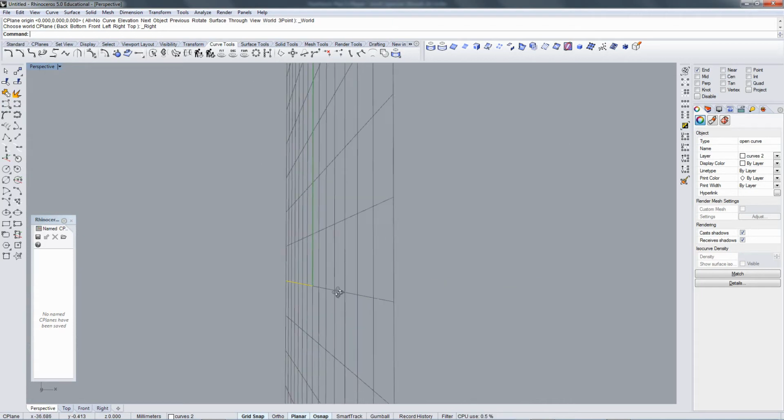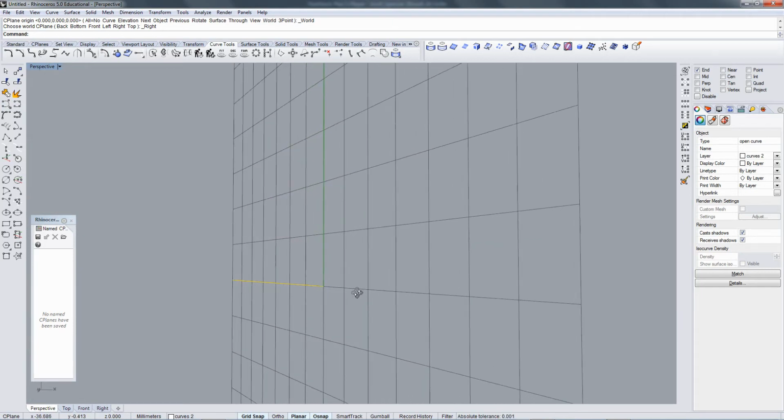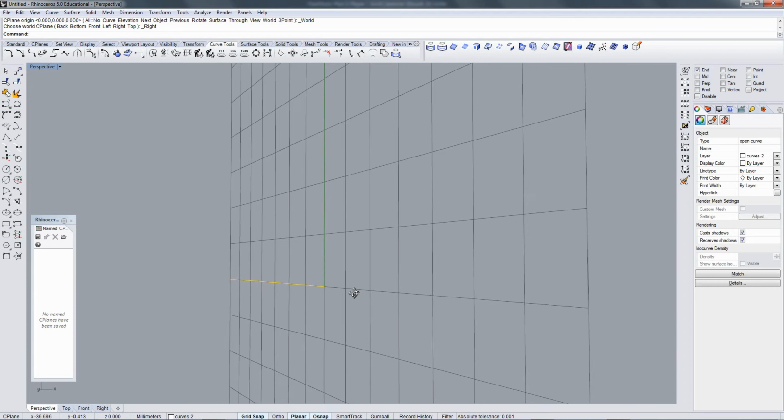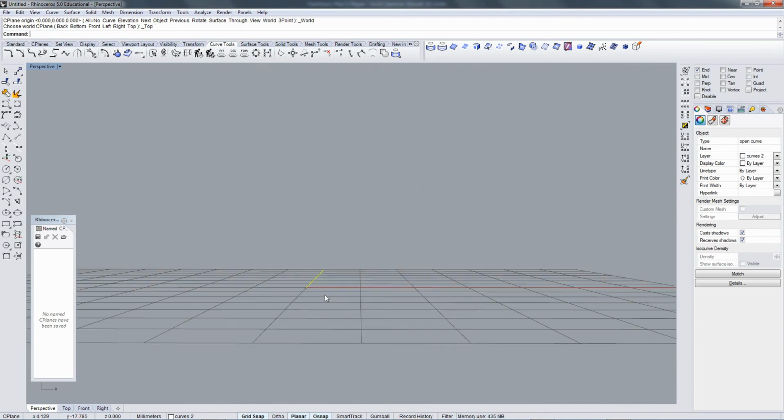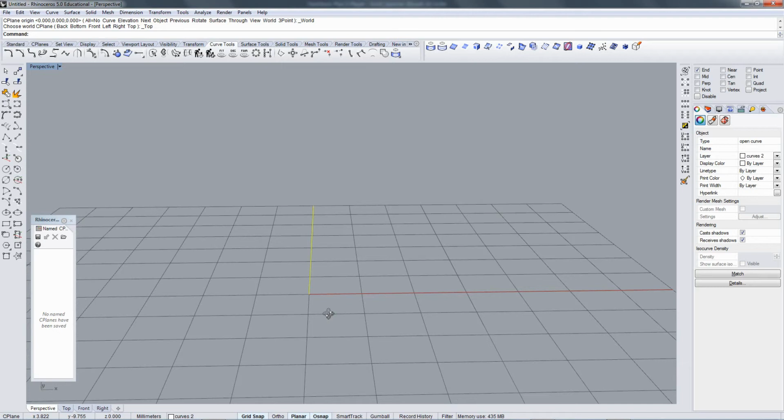In local right C-plane coordinates, that is positive X. And back to top C-plane, it's positive Y. Okay?